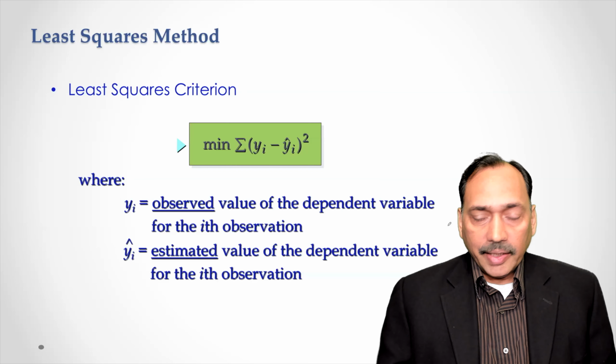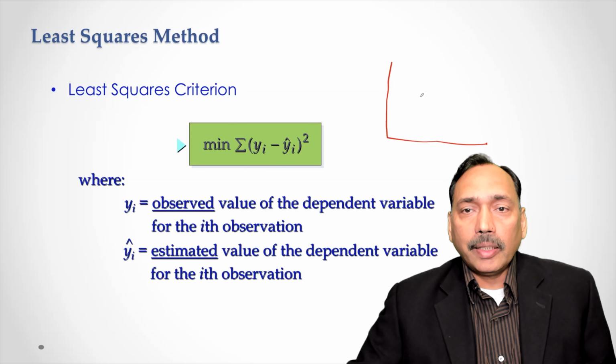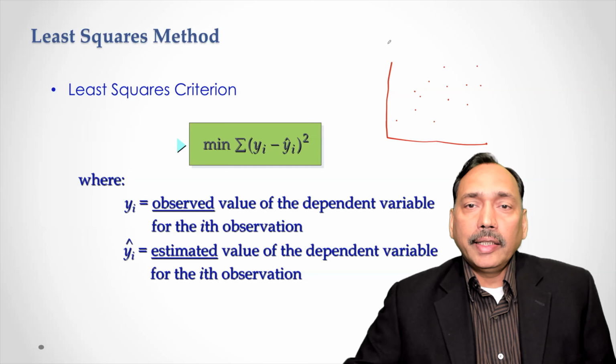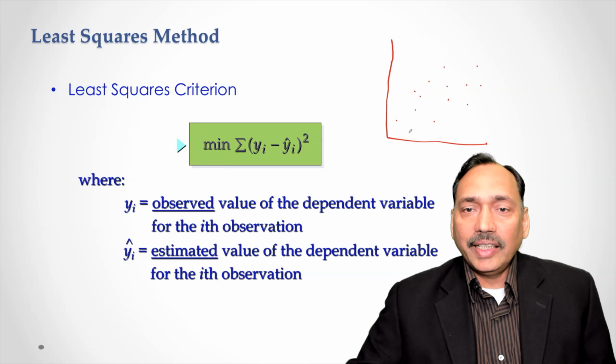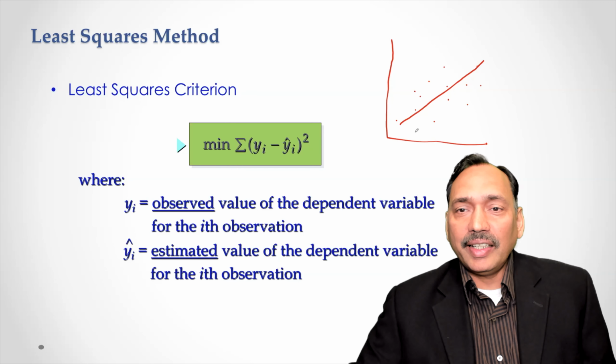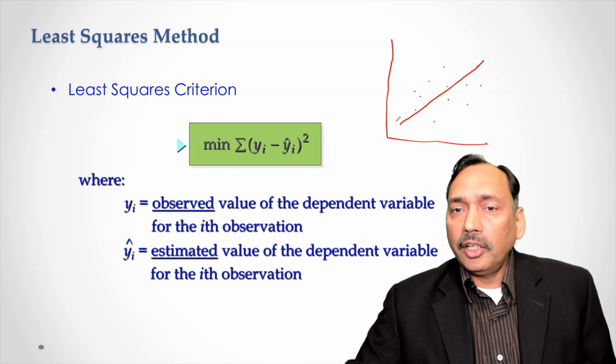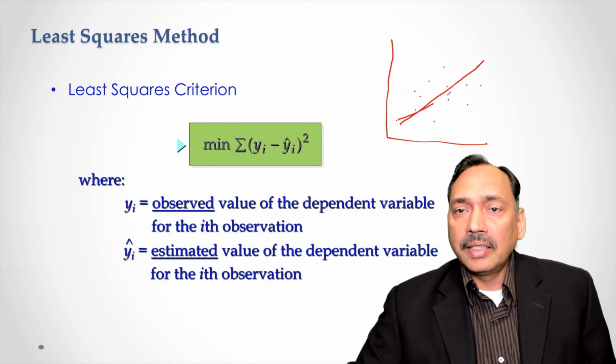So for any data, if you have some scatter plot and it shows some somewhat linear trend, we can always use a straight line to represent that data. So this straight line becomes our model. But theoretically, you can draw so many straight lines.